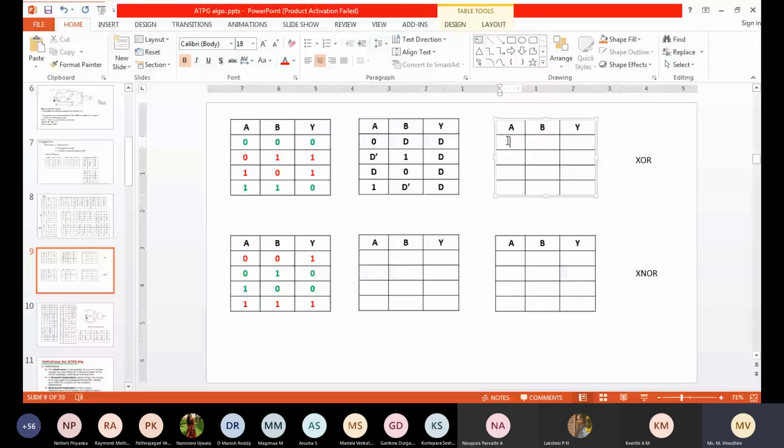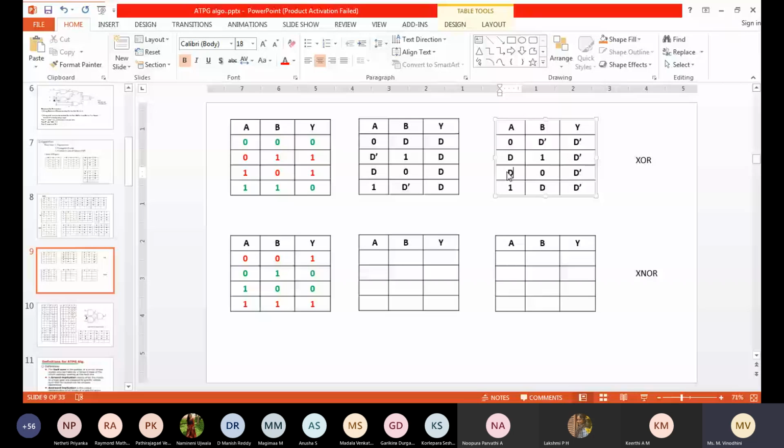This will remain same. Only difference is wherever D was there, this will be D dash, and here it is D dash, D dash, D dash. This will be D, this will be D dash.